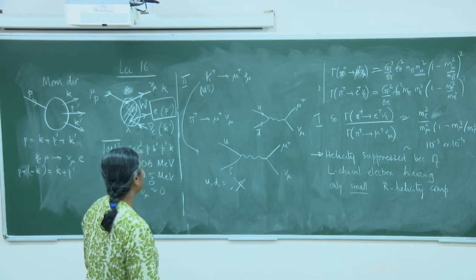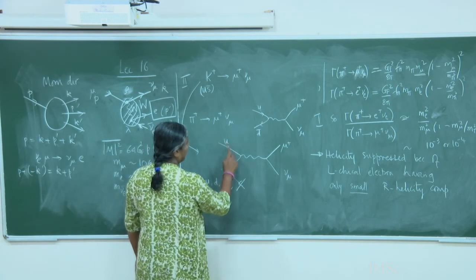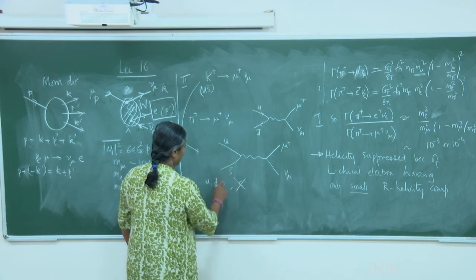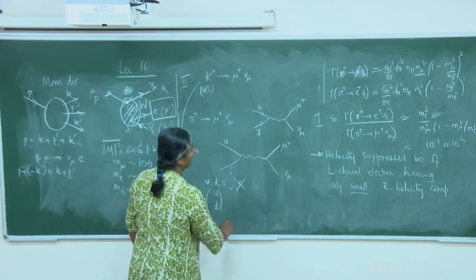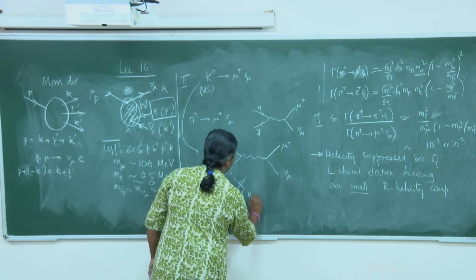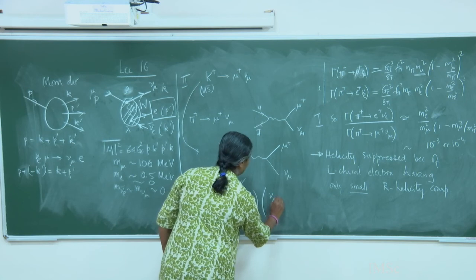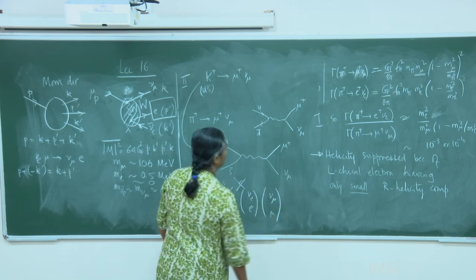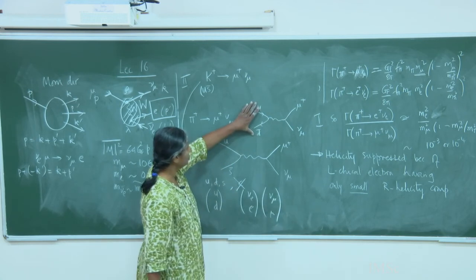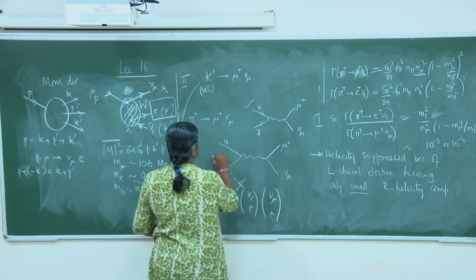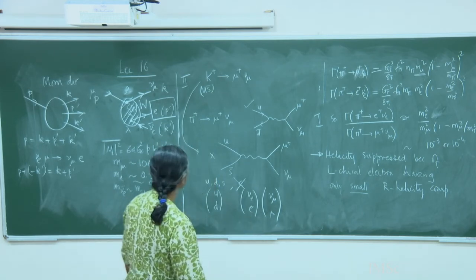So you can see that this should not have happened because u and d form one doublet, nu e and e form one doublet, and nu mu and mu form one doublet. So if this is coming as one doublet, then this should have been ticked and this should not have been there. But this process actually happens.